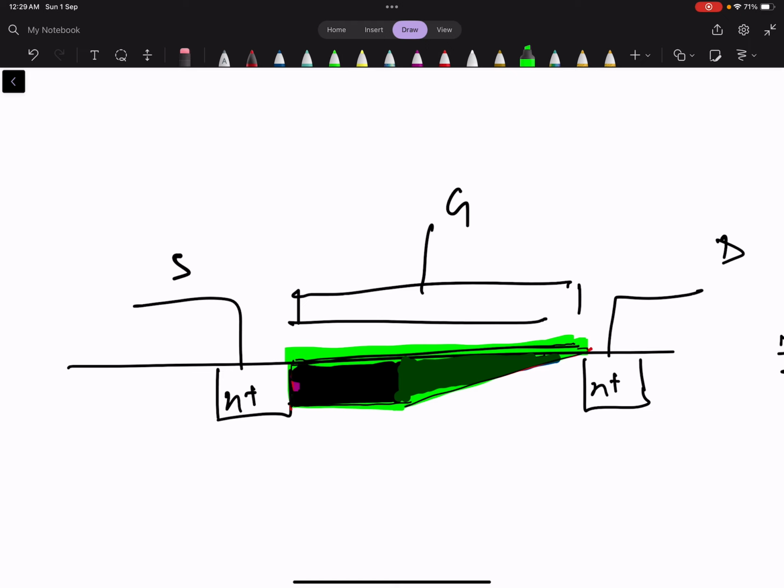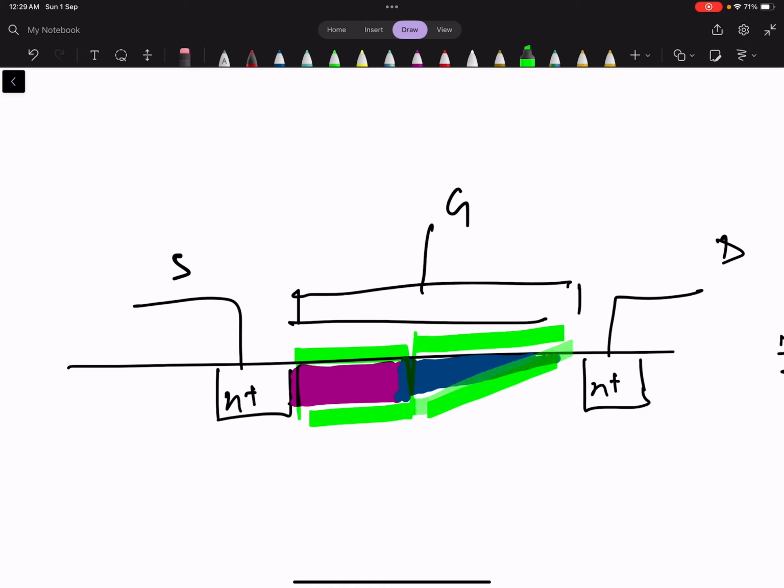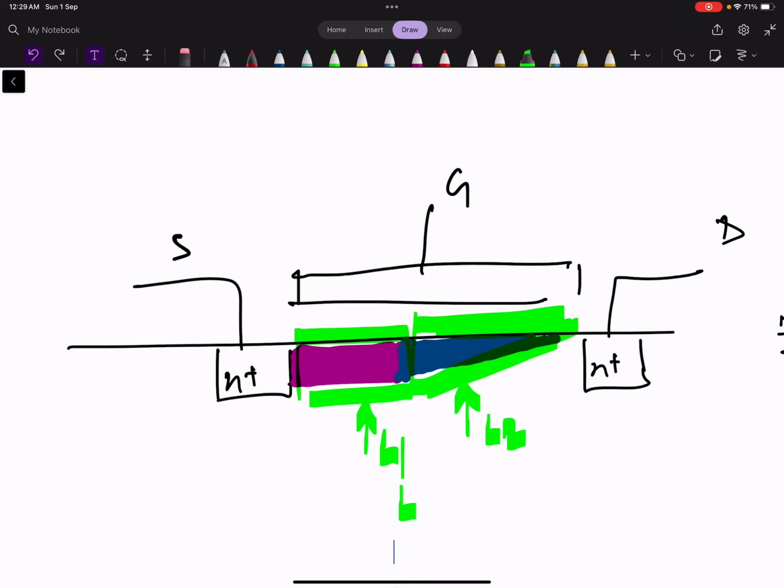I'll make this L something like this, that one section is this and another section is this. The tapered one is L2 and this is L1. And one more thing is, we will make L1 equal to L2. So we will find the length which is tapered, and this is L1.